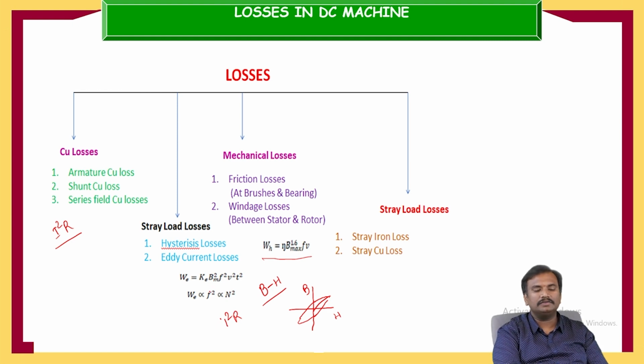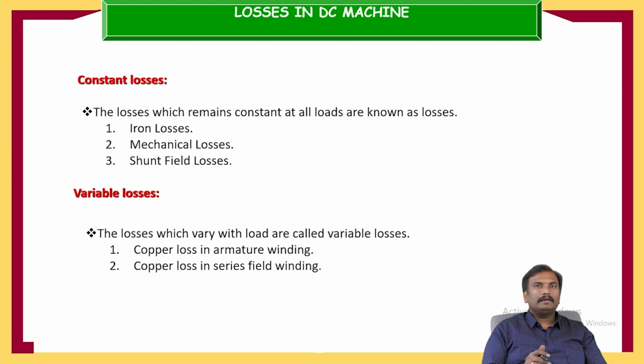That is equal to Ke Bm square F square V square T square. These are empirical formulas. So the eddy current loss is proportional to F square and T square.